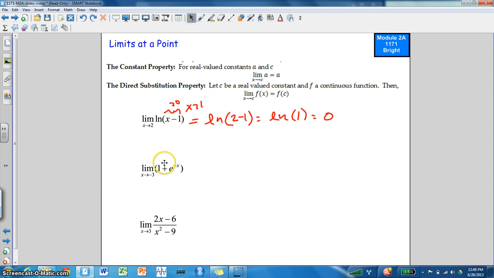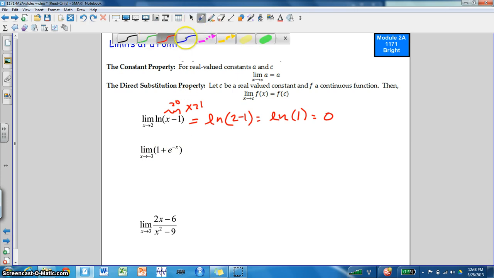Next problem. The limit as x approaches negative 3 of this. We first have to think, c is a real number, that's good. And now f has to be a continuous function. This is a basic exponential expression with a horizontal reflection and a vertical shift.